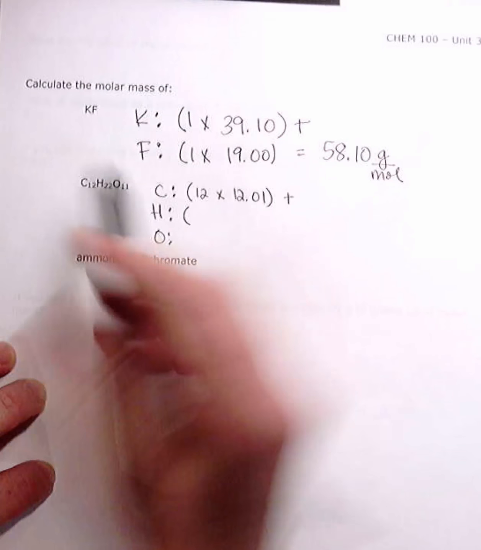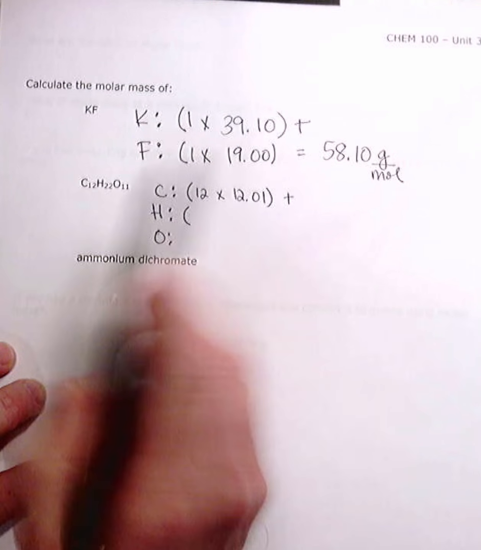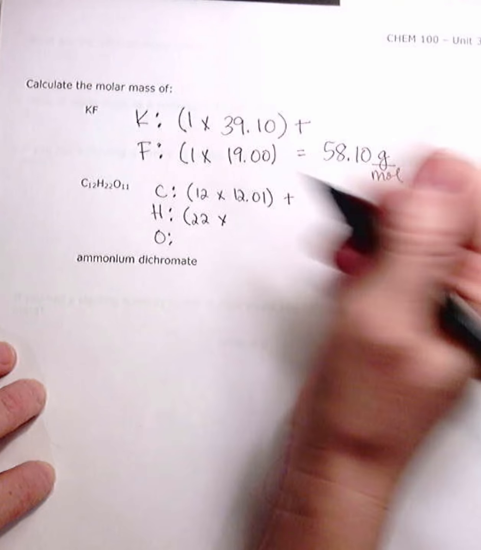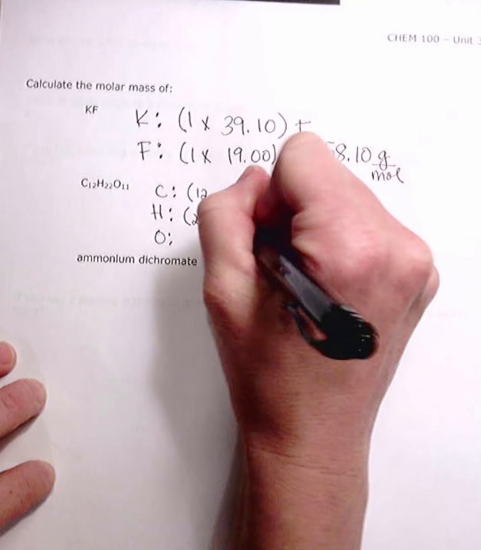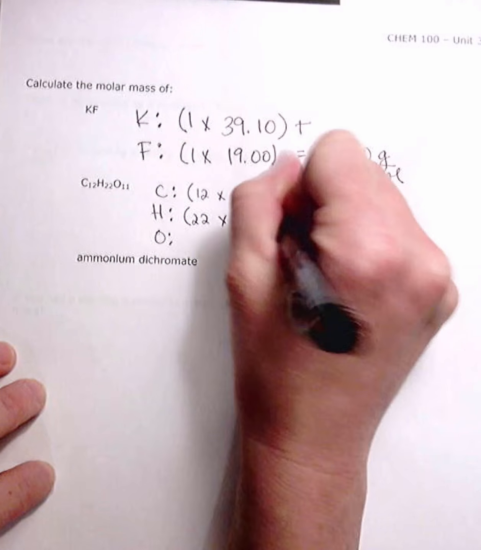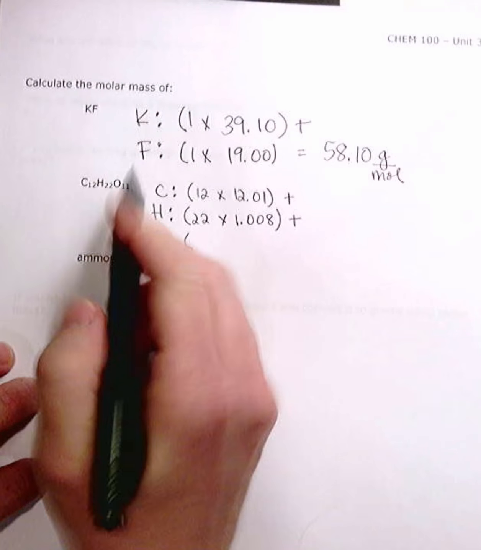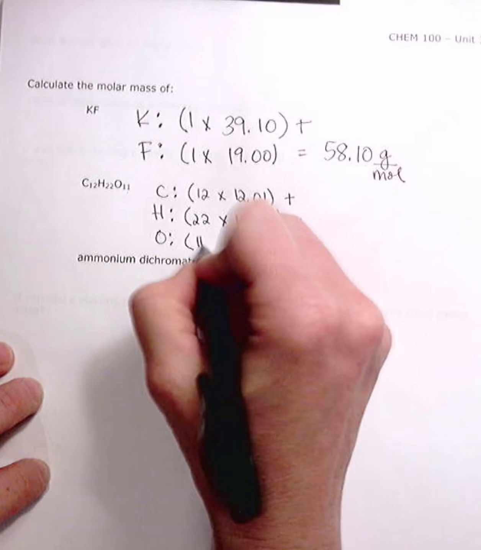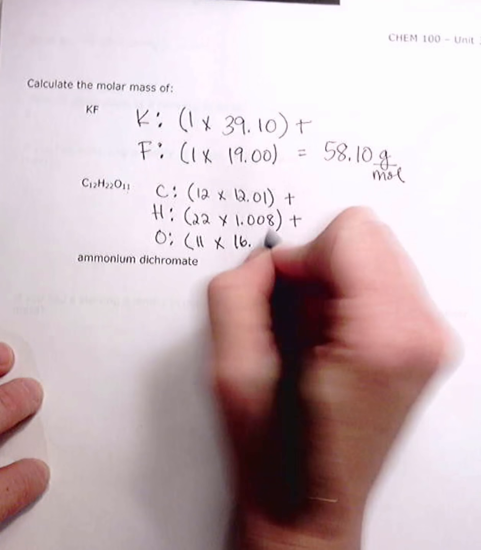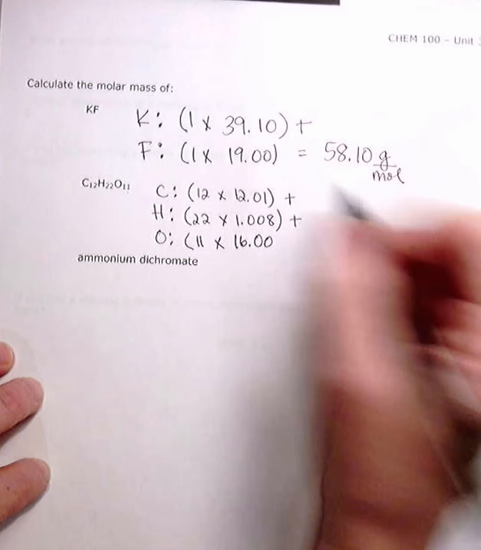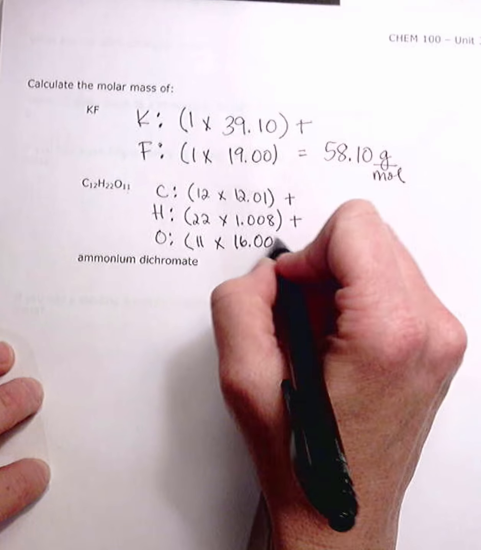I look at the subscript here, 22. So 22 times 1.008, since hydrogen's the one I told you to go out to the thousands. And then oxygen, I have 11 oxygens, with an atomic weight of 16.00.